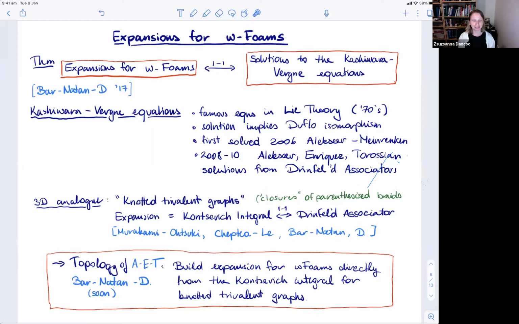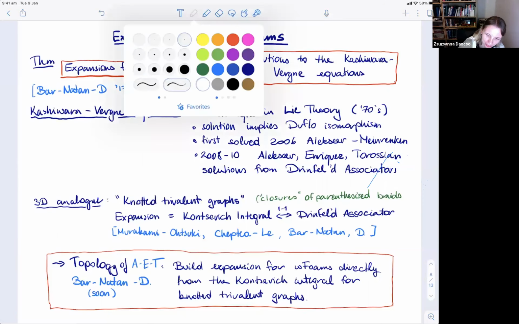But that can actually be modified to make something that looks a lot more like welded foams. When you have a parenthesization, you can close it up with a kind of binary tree. Let me draw an example just for fun.